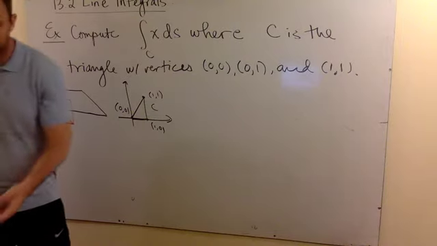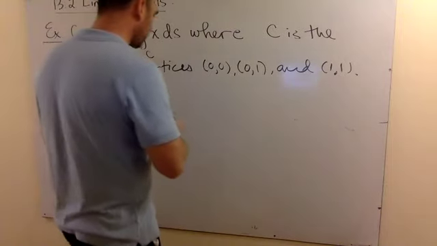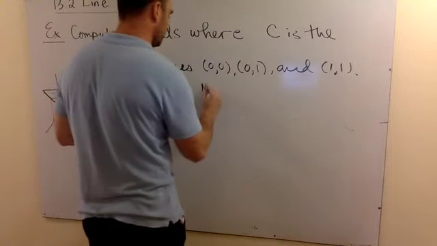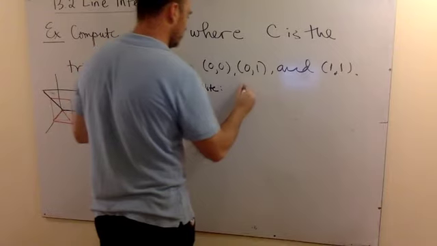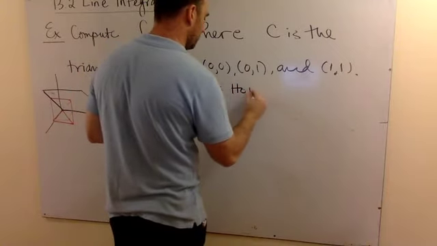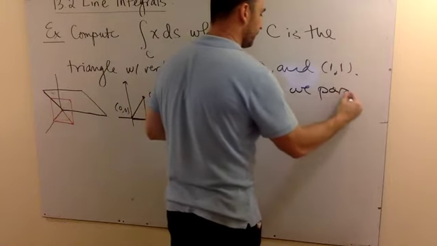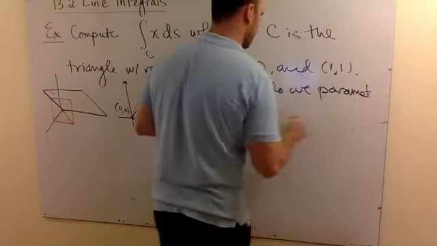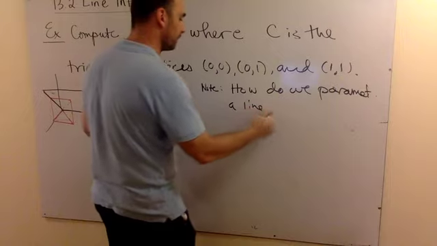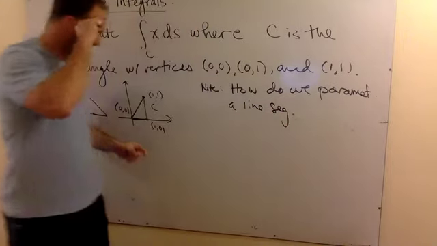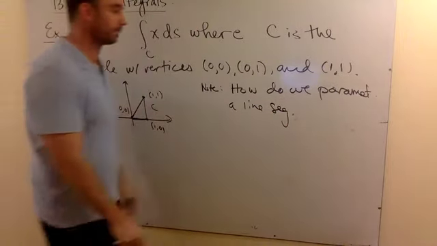So first off, let's just take this moment. How do we parameterize a line segment? Because we're going to need to do that here. We've actually got 3 of them.